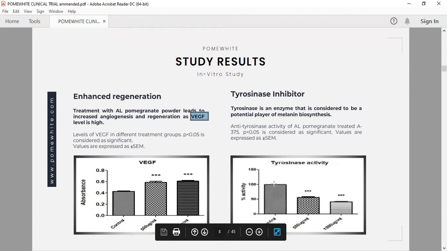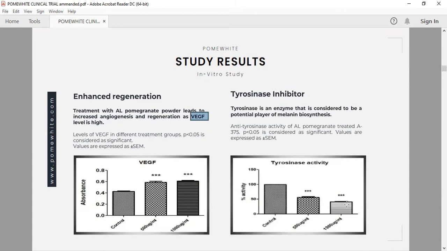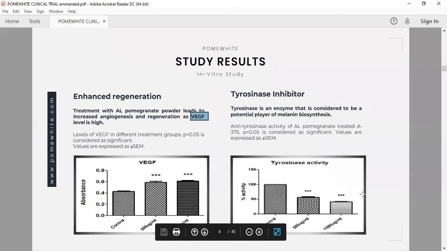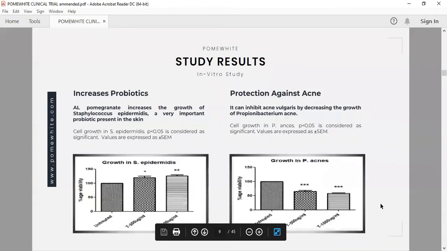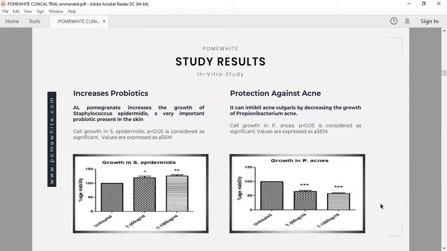This shows that tyrosinase activity is inhibited, and once tyrosinase activity is inhibited, this means that melanin biosynthesis is also inhibited. And when melanin biosynthesis is lowered, the skin looks very radiant, and whitening properties are imparted to the skin. Similarly, after doing this, we focused on the increase of probiotic content, because we have already checked the prebiotic content of the pomegranate with proximate analysis, and this shows that it is high in prebiotic content.